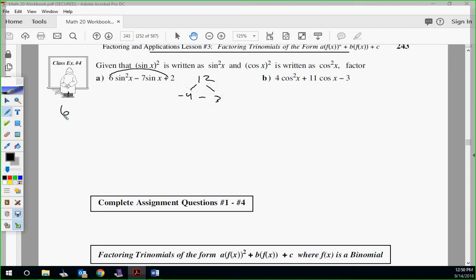You write it like this. 6 sine squared x minus 4 sine x minus 3 sine x plus 2. This could be something maybe you hate writing the sine. You can make sine be a if you want. Okay, so it's nothing different than we've been doing. The math's the same. Now we GCF. 2 sine x comes out.